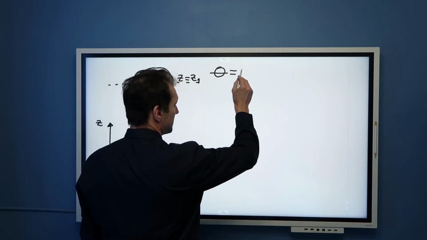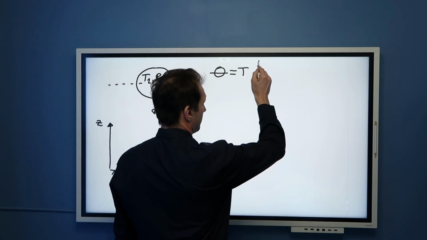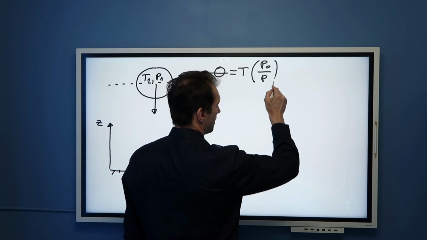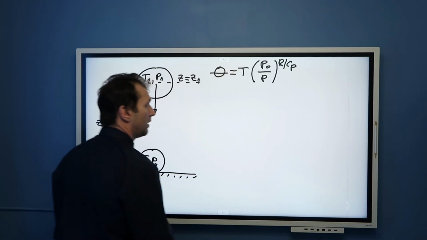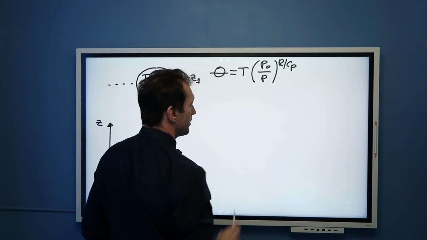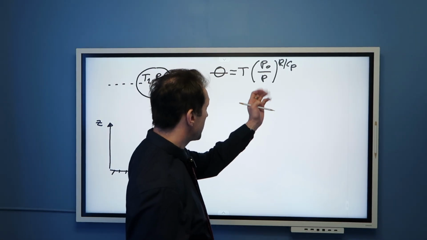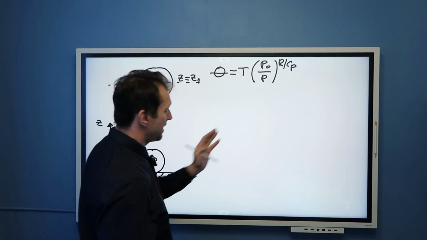This quantity is equal to temperature, regular temperature, times (P0 over P) to the power R over Cp, where P0 is a reference pressure, soon to be explained. P is the pressure in this parcel of air.